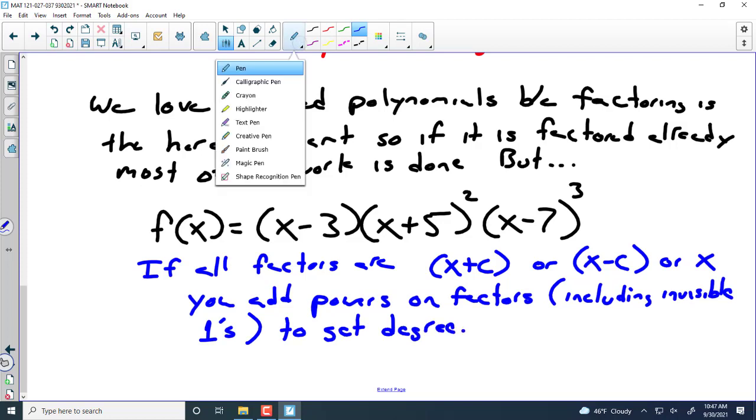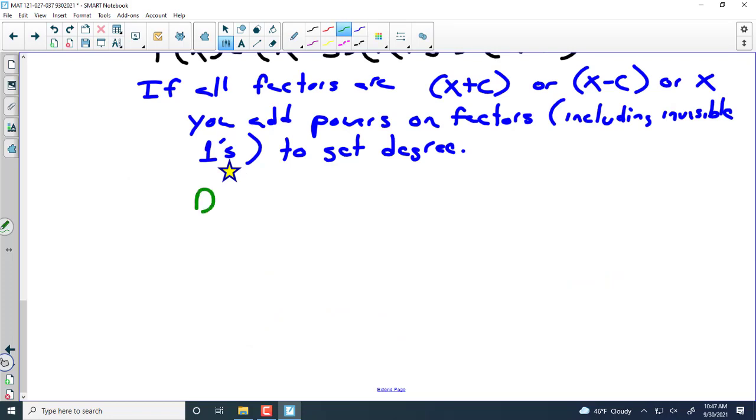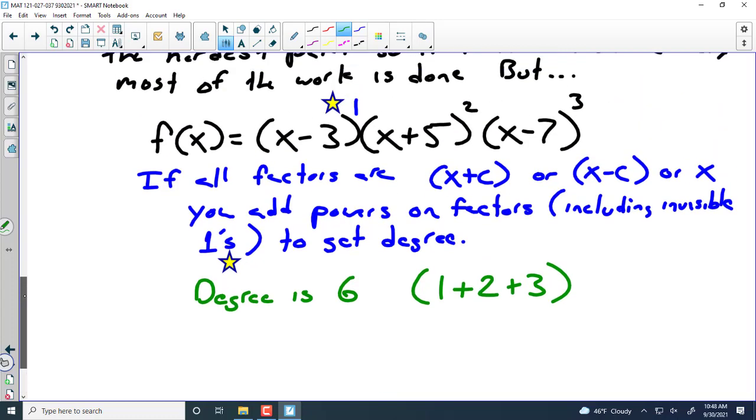And what do I mean by invisible ones? I mean that even though I didn't write it, there's a 1 on this one right here, on the x minus 3. So, I already asked this, and it was already answered, but let me ask again, what's the degree of this polynomial? 6. And the way that was found was by doing 1 plus 2 plus 3, by adding the powers that we saw.